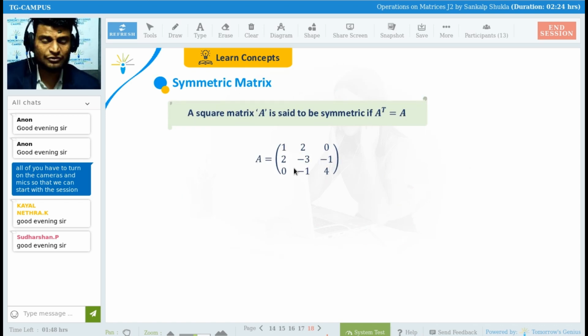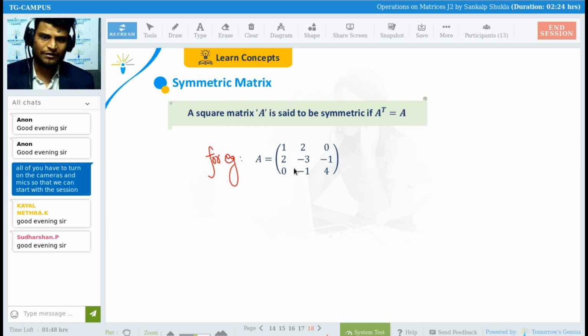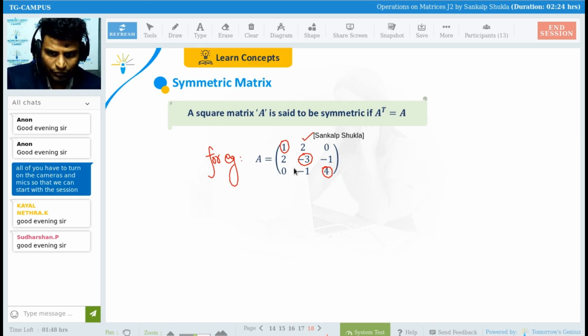Suppose we have to check, for example, whether this matrix is symmetric or not. I'll not talk about 1, -3 and 4 because their positions are A11, A22 and A33. I'll check for 2.